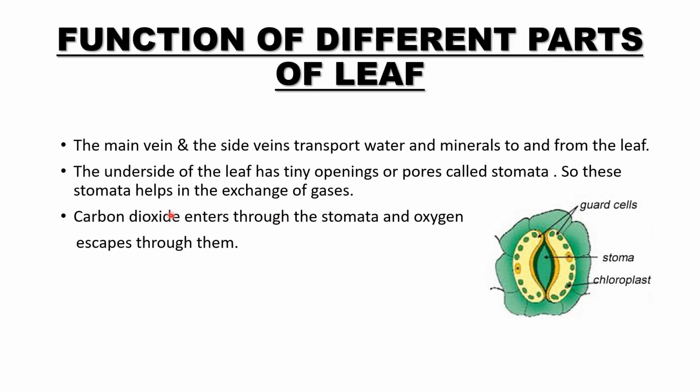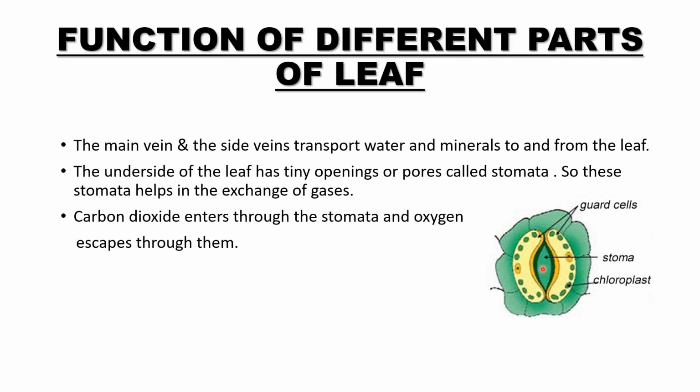So now here in the third point, which gas actually gets inside and which gas comes out? Which gas escapes out of these stomata? Carbon dioxide is the gas which gets inside the leaf through stomata, and oxygen gets out of the leaf through stomata.